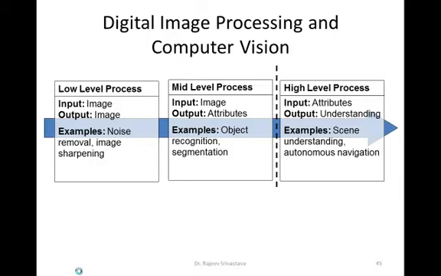Examples include object recognition and segmentation. In a high level process, input is attributes extracted from the image in the previous stage, and output is the understanding of the image content. Examples include scene understanding and autonomous navigation.